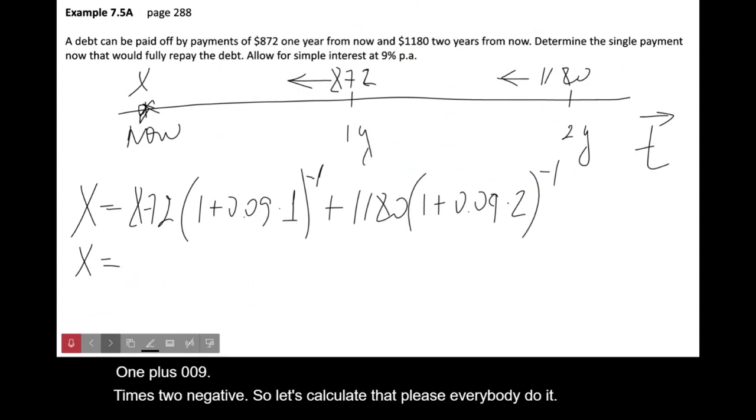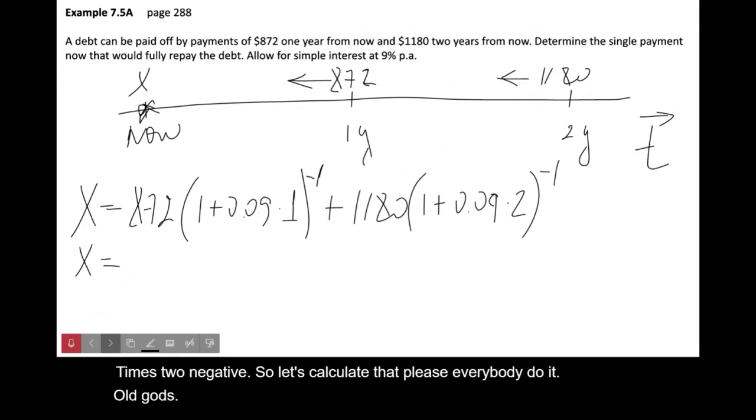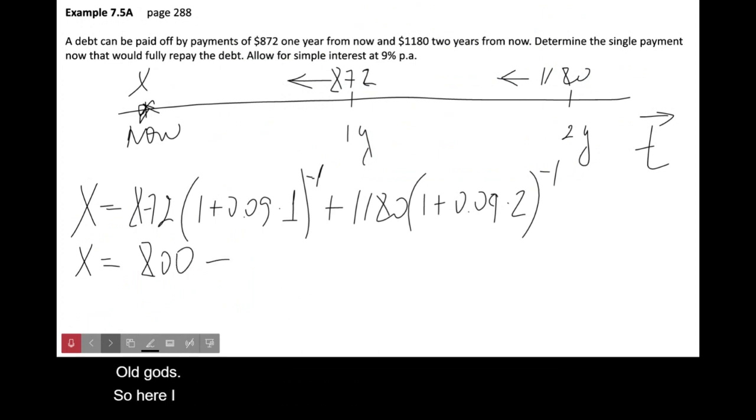So here I have 800-something thousand. That's my answer.